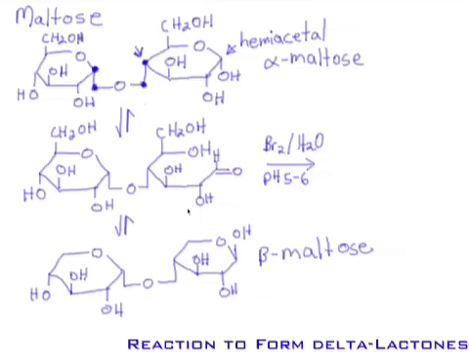Notice, however, in this case, let's use a different color, that the alpha carbon, beta carbon, the gamma carbon, the gamma carbon's oxygen is the one tied up in the alpha 1,4 linkage. That means it's not available for reaction or cyclization. That means a gamma-lactone can't form. If you can't form a gamma-lactone, you form a delta-lactone. That means this OH comes in and cyclizes. This OH will attack the CO2H. Now, it doesn't attack the aldehyde.